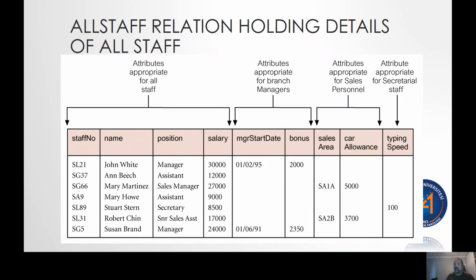So let's say that we have a relation that's all staff, and there are some attributes that all staff are going to have. You would remember this as the staff being like the parent class, or in this case, entity. There are certain attributes that exist in all, and then we would inherit certain attributes for branch managers, for sales, for secretarial.